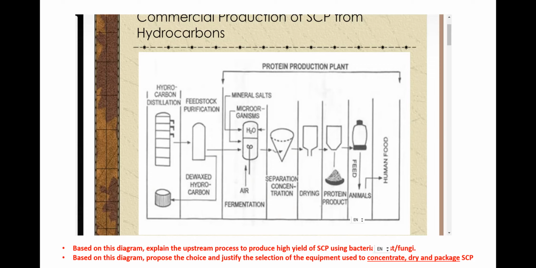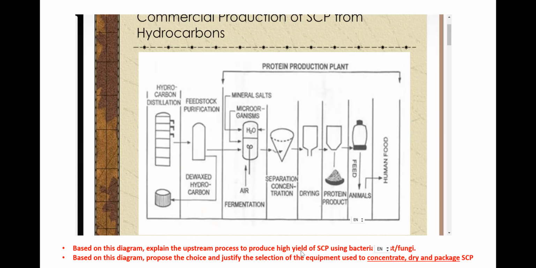And in the exam, of course, I will further identify or let you choose whatever bacterium or fungi, or any specific SCP, for example, microalgae, spirulina, that you want to produce. So you have to elaborate the upstream processes on how to safeguard a high yield.